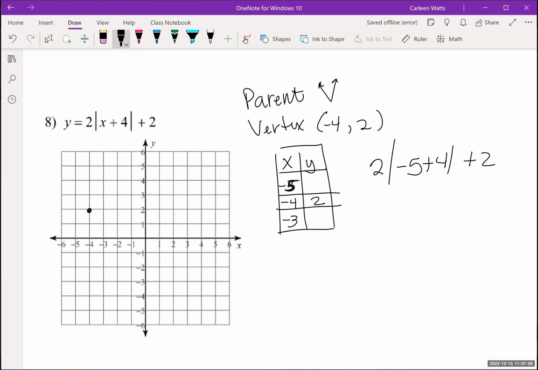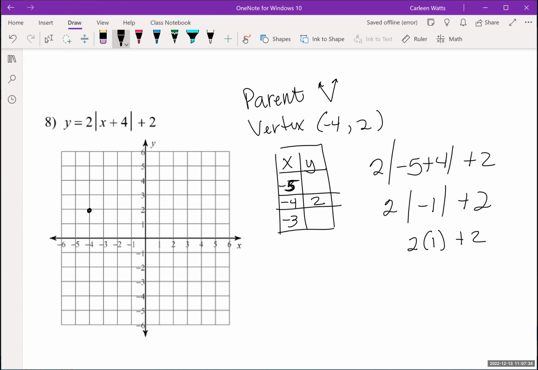And the calculator isn't really going to help you. Absolute value is like parentheses. -5 plus 4 is -1. It's like parentheses, but then it makes it positive. Absolute value of -1 comes out as +1, right?